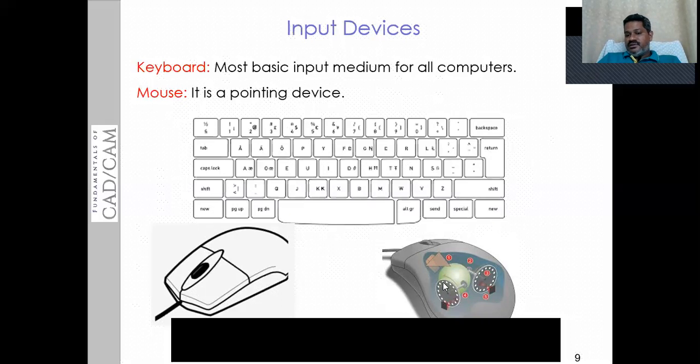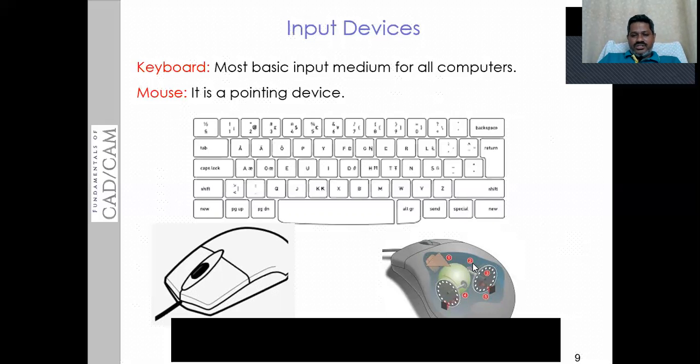The mechanical mouse consists of a spherical ball. Whenever we move the mouse, the rotary motion of the ball is converted into linear motion by pressing the spherical ball against the rollers.